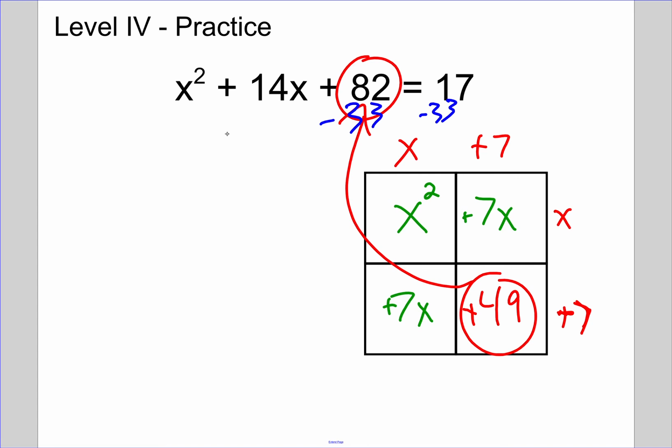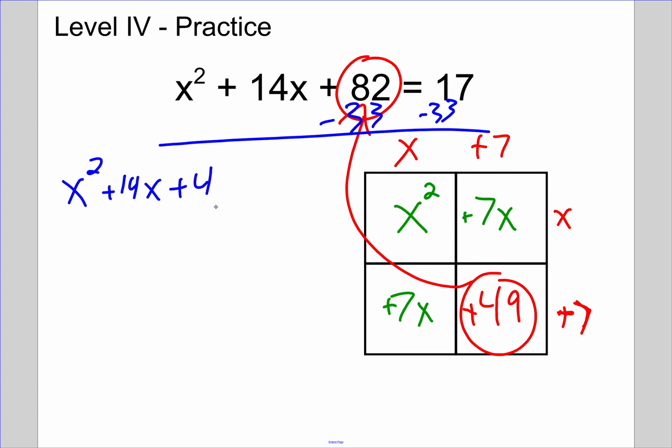And we now have x squared plus 14x plus 49 equals negative 16. And again, now we've reverted this back into a level 3 problem.